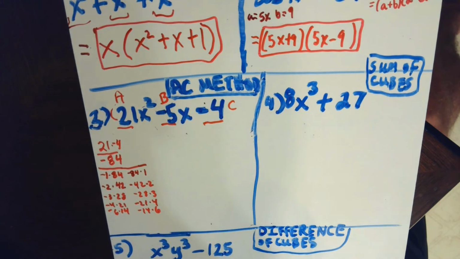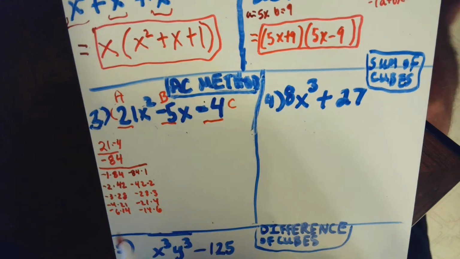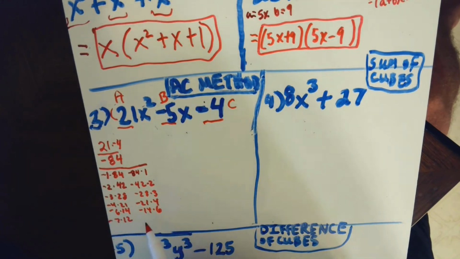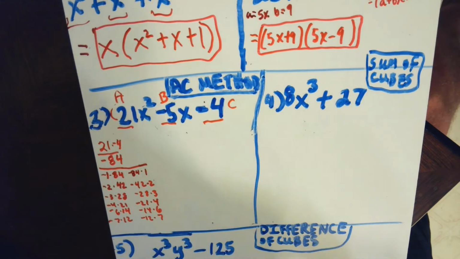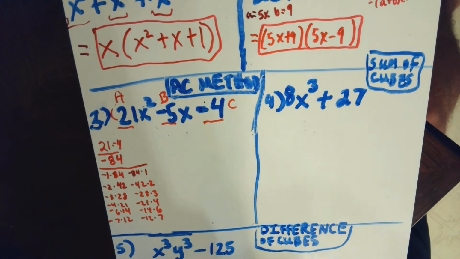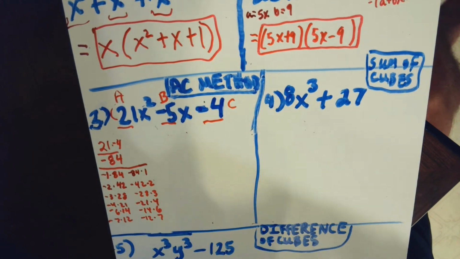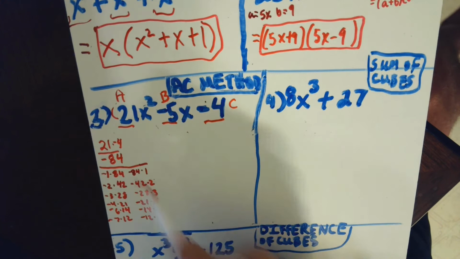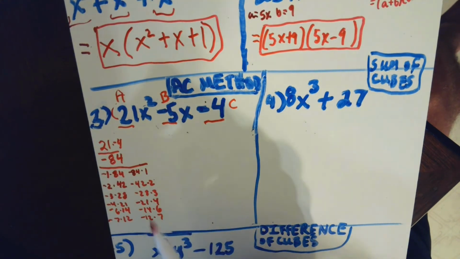I think we're almost there. And then there's negative 7 times 12, and negative 12 times 7. Phew! I believe that's all of the factors of negative 84. Double check me there, but this should be all of the factor pairs of negative 84.